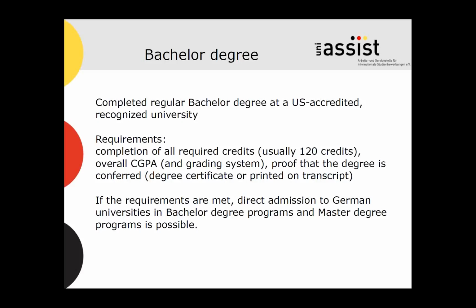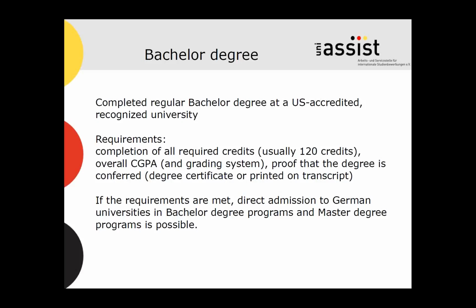And to attain the overall CGPA, what we need is also a grading system. What is also very important, it has to be mentioned on your transcript of records. We don't need a certificate if all of the relevant information is mentioned on the transcript of records.